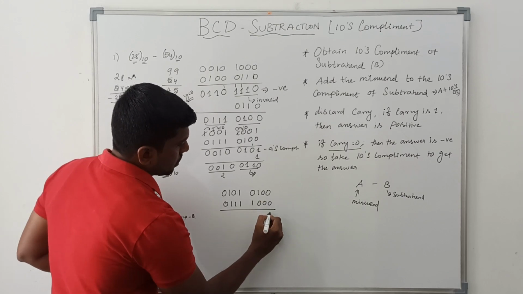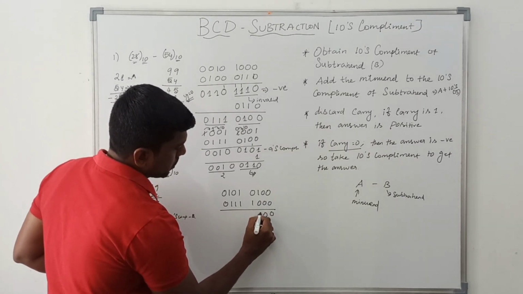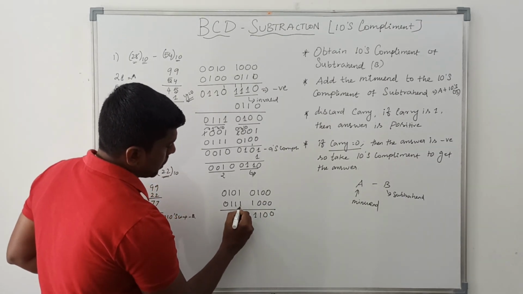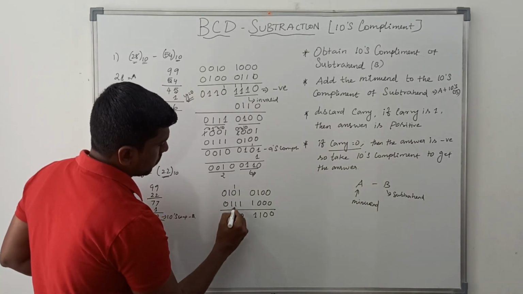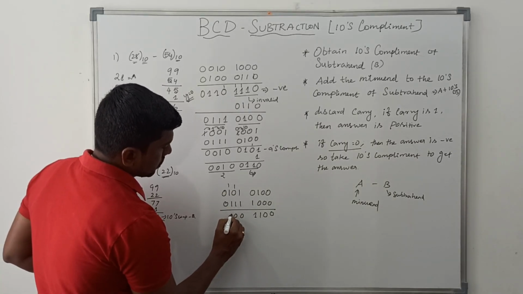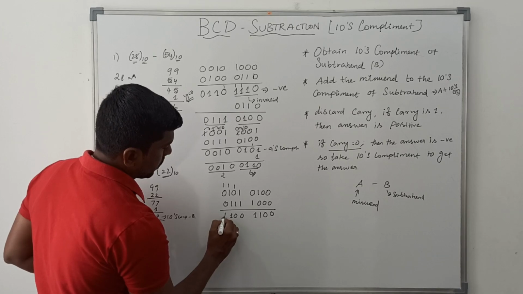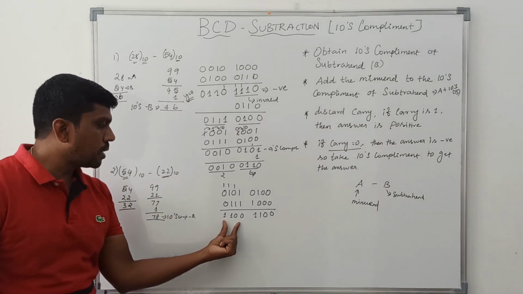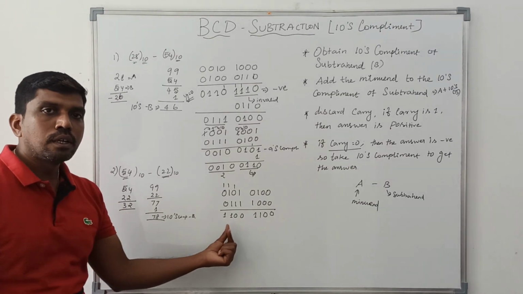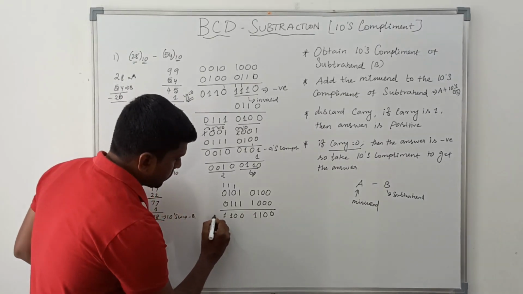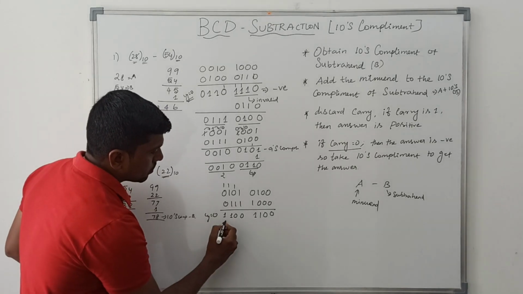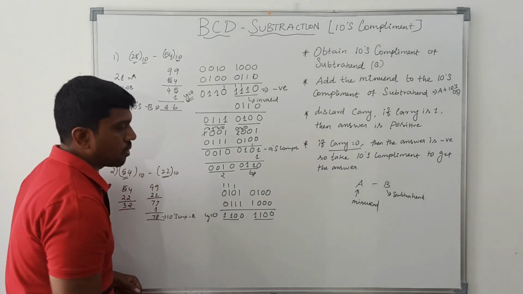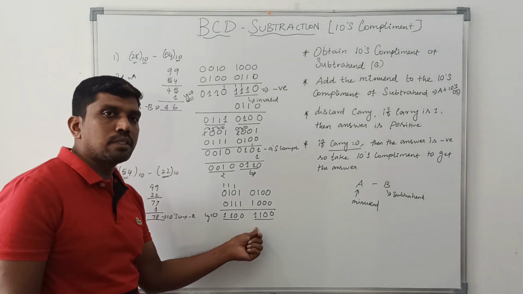Add these two numbers. Here the carry value is 0, but these two 4-bit values are greater than 9. These are invalid BCD numbers.